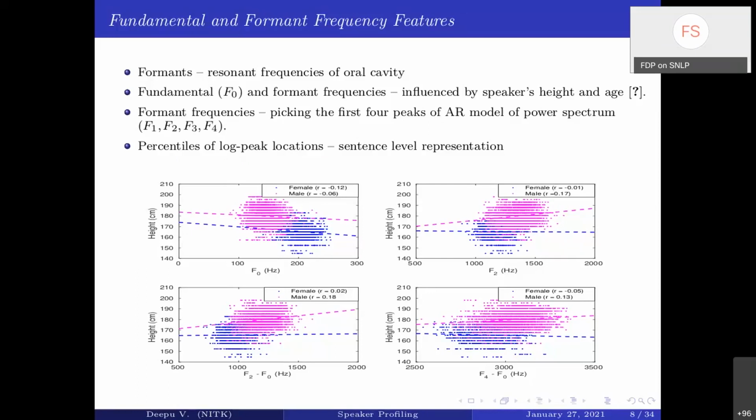Now, how do we calculate the overall values for a particular sentence? We try to look at their averages, min values, max values, the median, etc. So those are called percentiles. Percentiles are, let's say, the median of all the values, which is called the 50th percentile.